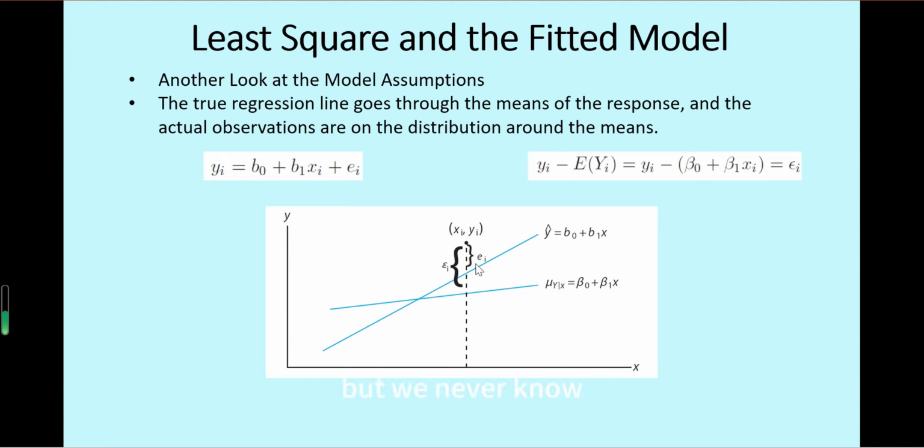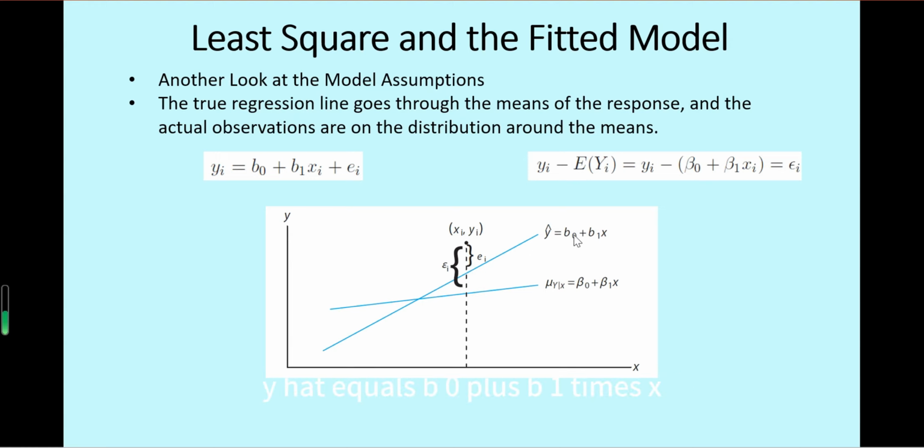But we never know this epsilon between observations and this real line. So this is the estimation of the relationship between y hat and x. So y hat is the mean value for given x. So this line is the linear regression line.